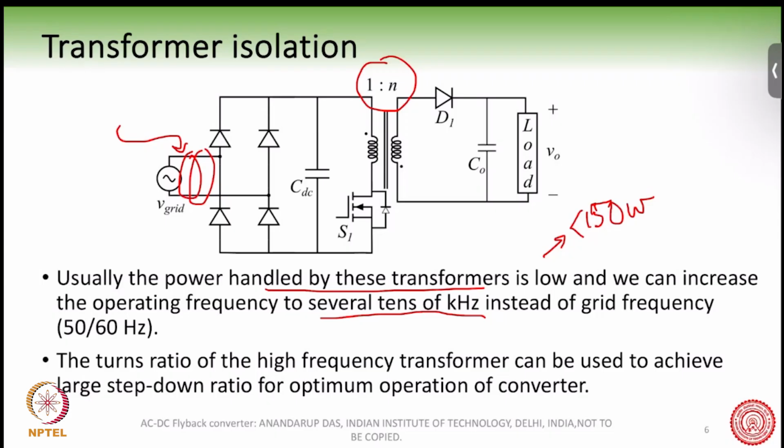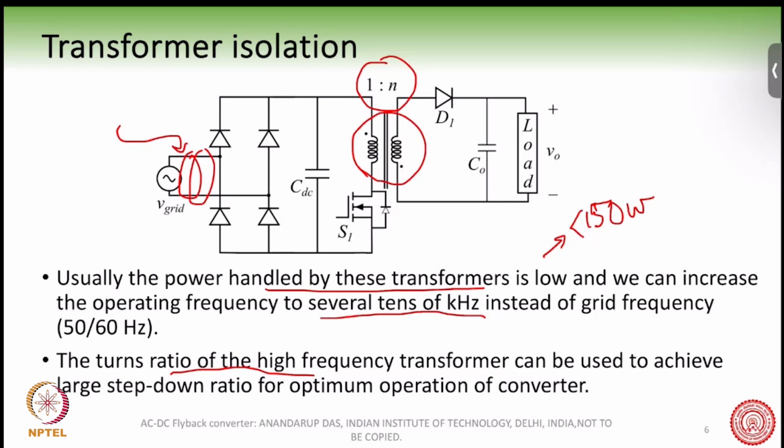The last thing I would like to emphasize, although here we are talking about AC to DC, is that the transformer in a DC-DC converter will work with square waves and it will not work with sine waves. I will talk about that sometime later. The turns ratio of the high frequency transformer can be used to achieve a large step down or step up ratio for optimum operation of the converter.